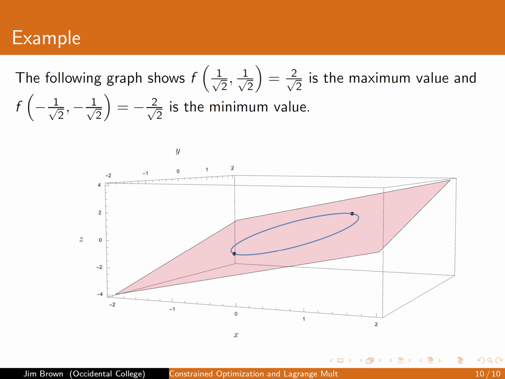And we see that is 2 over square root of 2, and that's our maximum value. And then if we look at x to be negative 1 over square root of 2 and y to be negative 1 over square root of 2, that gives me a value of negative 2 over square root of 2. And we see from the graph here, that's the minimum value, so the smallest value of z that's on this blue curve on the surface.